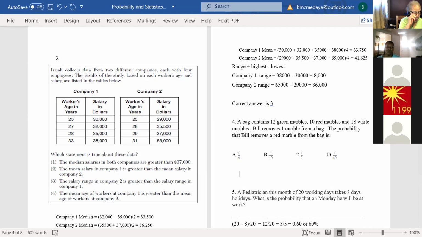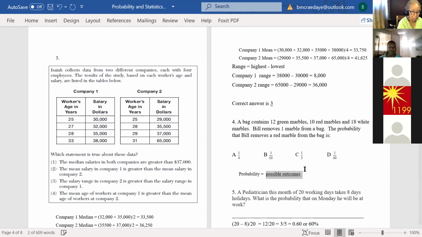Now, probability is possible over total, right? Correct? Yes. Probability equals possible outcomes divided by total outcomes, right?